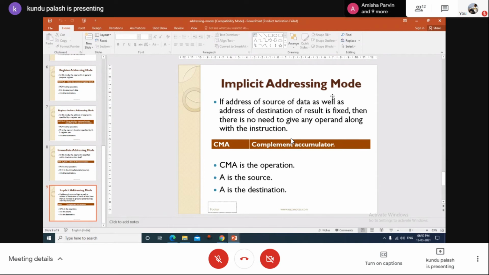And whenever we write programs in assembly language, the addressing mode is useful. Otherwise, for writing the program, you require knowledge of different types of instructions based on the nature of operations. So the concept of the addressing mode is required very much.